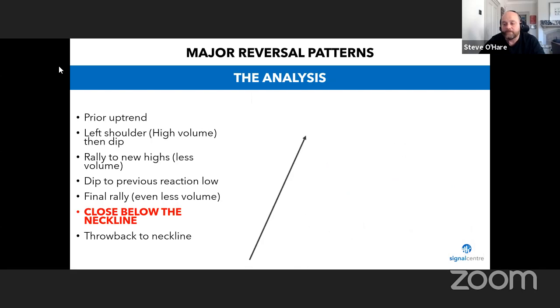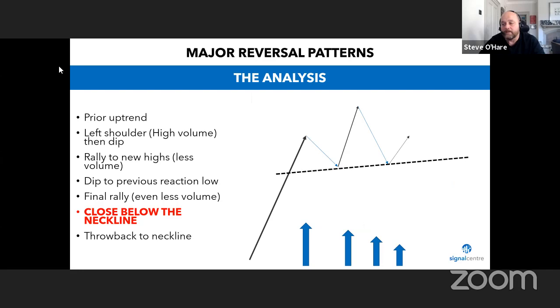But here's just a graphical term where you see the rally higher on decent sized volume, the pullback, and the rally to the top of the head is on less volume, and volume drops off again on this last rally. This shows that there's even more lack of interest in this rally. And then we draw the neckline in, and then we know where we're looking for the market to break lower, and the volume will spike higher as this level breaks.